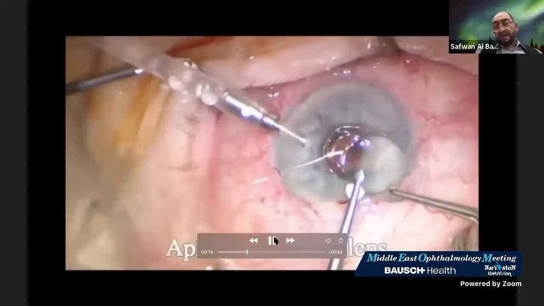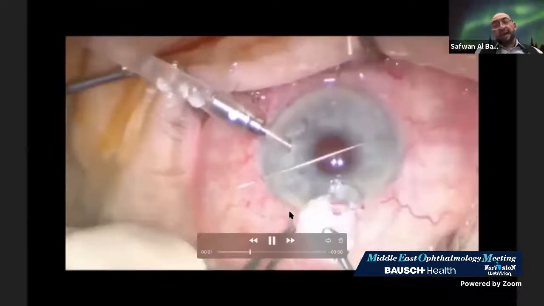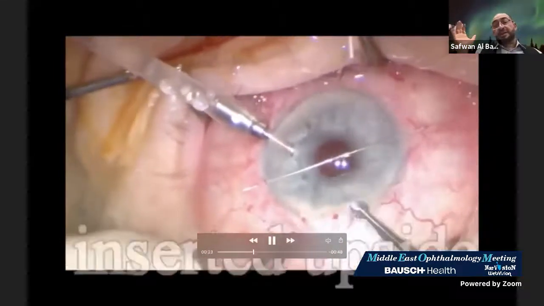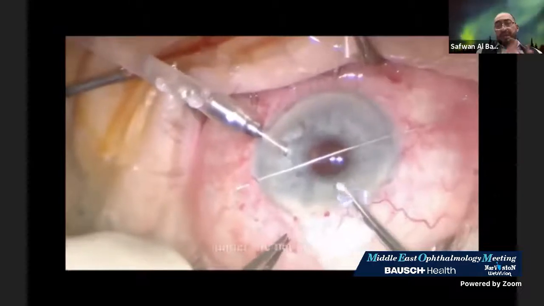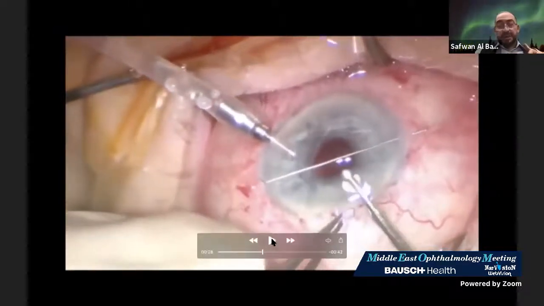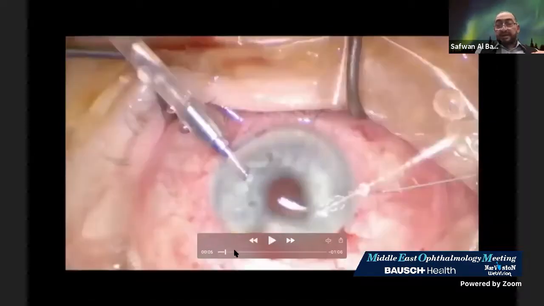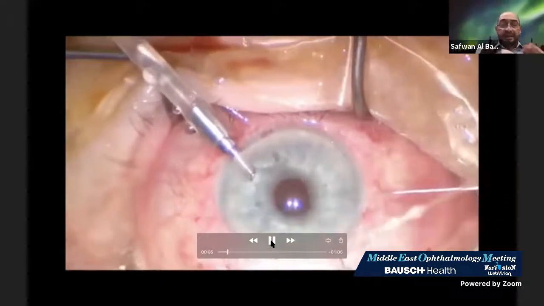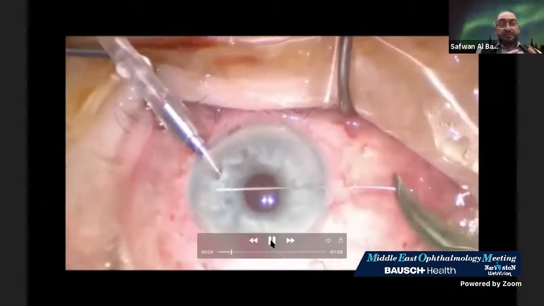Anyway, this is an Artisan. This is a movie from one of my colleagues. I'm not interested in any product related to the Artisan, but the technique here is very interesting. See what he starts with: a needle, because what he's doing, I did it before, but I'm not doing it anymore. He starts with a needle, put it in the center, at 3 and 9. Now, why is he putting this gauge?